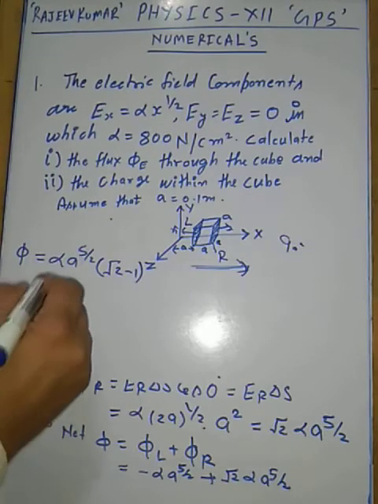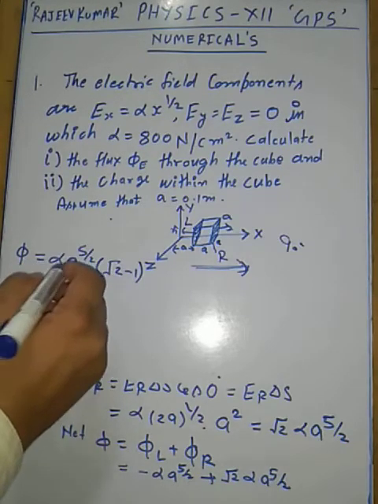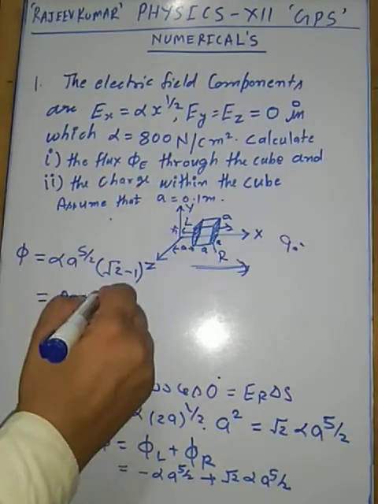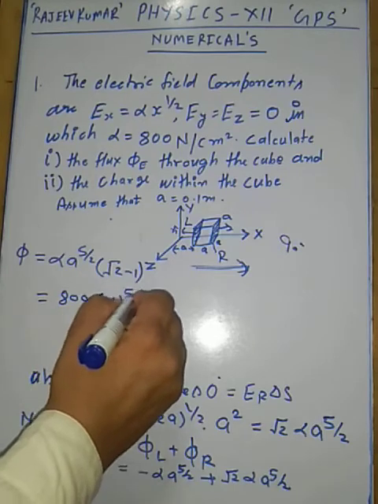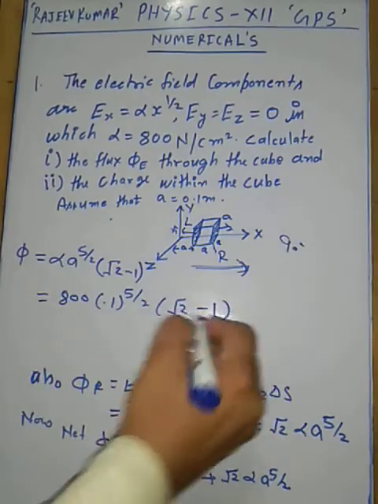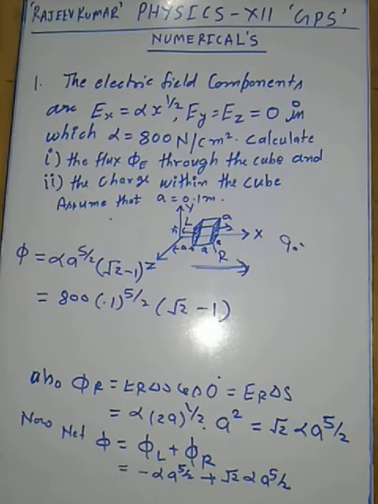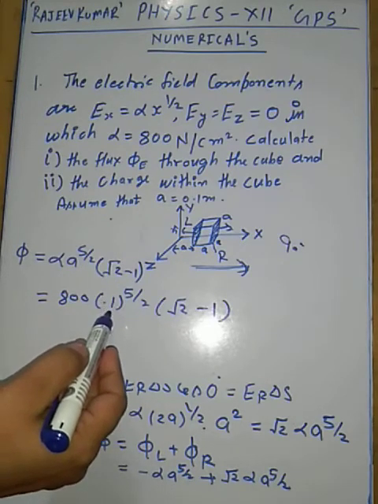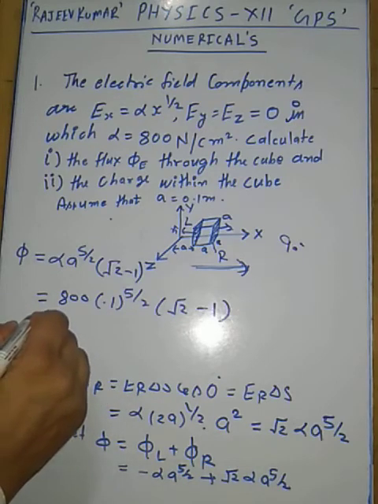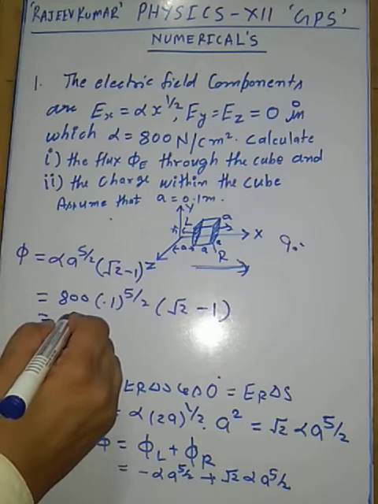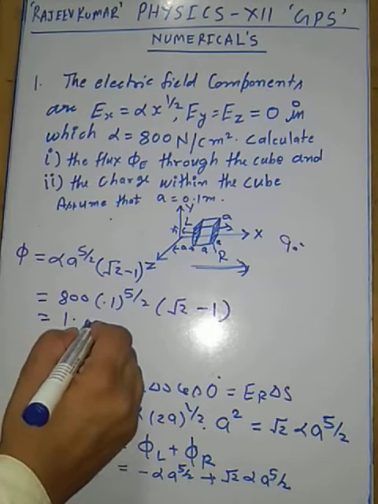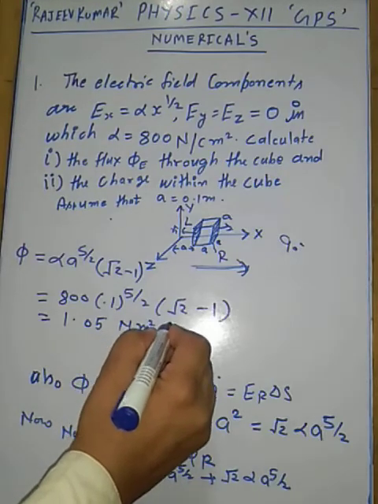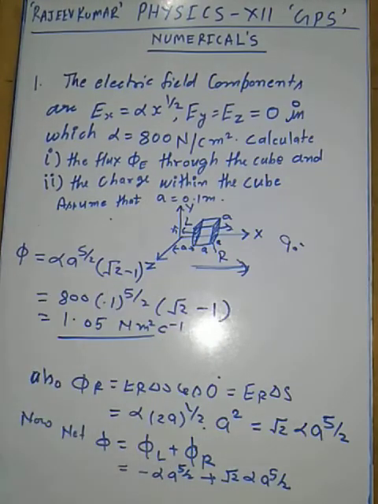Now at last we can put in the values of alpha and a raised to the power 5 by 2. The value of alpha is 800 and a is 0.1 raised to the power 5 by 2, times square root 2 minus 1. Okay, now with the help of a log table we can simplify it, and after simplification the answer is 1.05 Newton meter square per coulomb. This is the value of the flux.